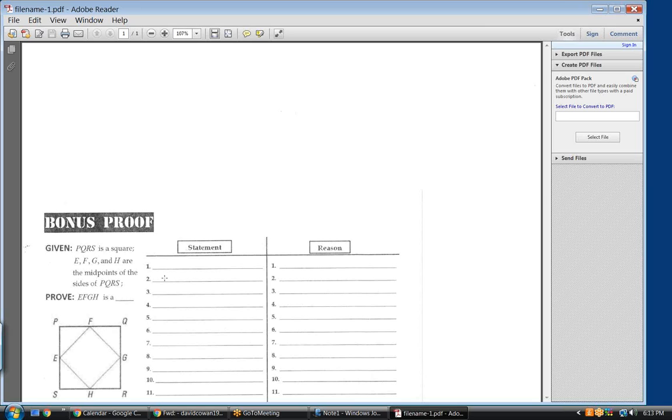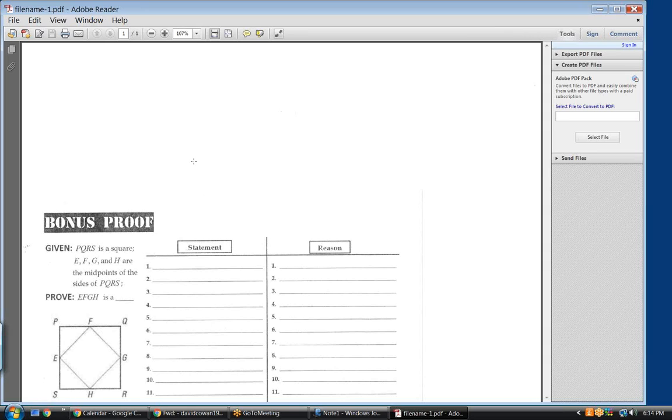So with the given, we know that PQRS is a square. We could say... What does that mean about PQ, QR, SR, and PS? They're all congruent. They're all equal. Yes, they're all congruent. Reason, definition of a square. Now what else can you say? Based on the fact that E, F, G, and H are midpoints of each of those sides, what does that tell you about PF and FQ?